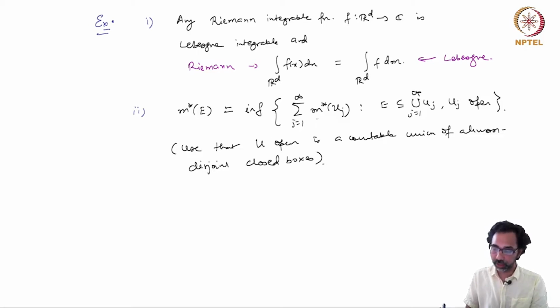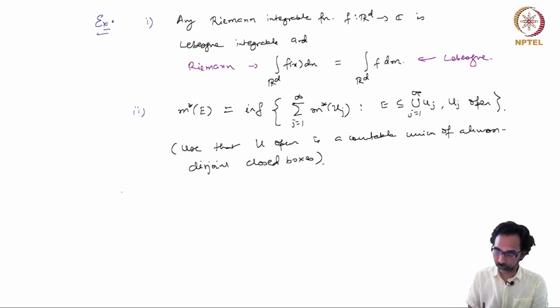So if the measure from the Riesz representation theorem agrees with the Lebesgue measure for open sets, then the outer measures will also agree, and then the sigma algebra generated by the Carathéodory measurable sets will also agree, and the measures will also agree.